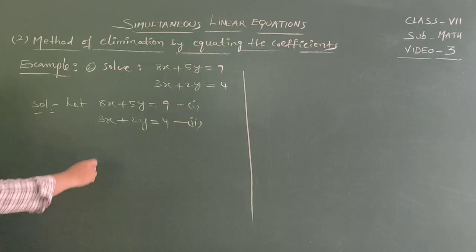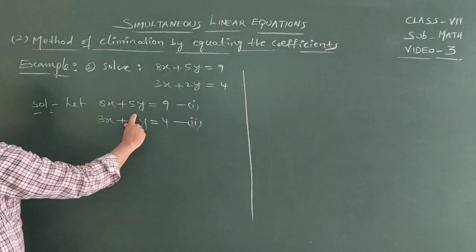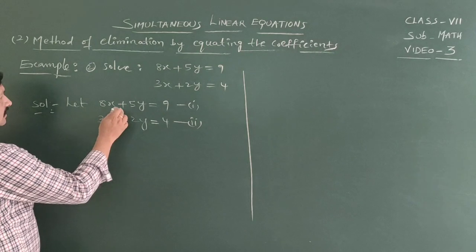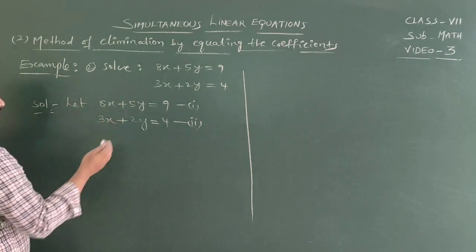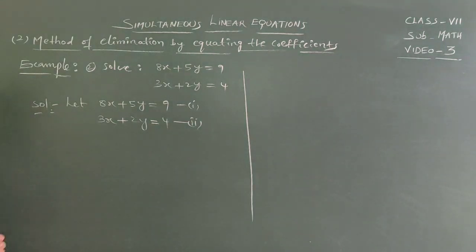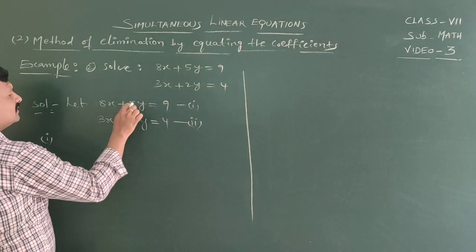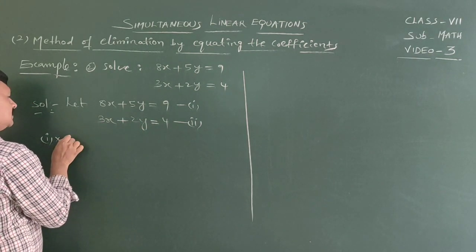Here x coefficient 8, here 3, here y coefficient 5, here 2. So now we need to equal the y coefficient. Your wish, either x or y. Already we completed with x, that's why now I will take y. So LCM 10, that's why for getting 10, first equation multiplied with 2.